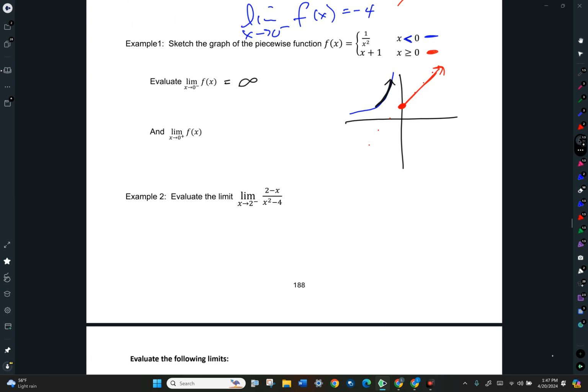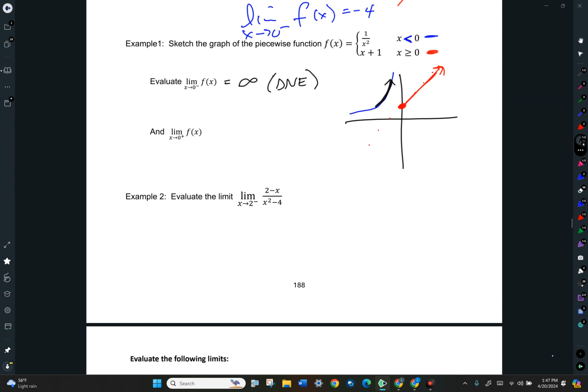Now, even though I know it's going towards a vertical asymptote, I could say does not exist. But by saying infinity, you're giving a more specific answer. You're saying the limit does not exist, and the reason it does not exist is because the y values go to infinity. Okay? So don't mistake infinity for meaning somehow that the limit exists.